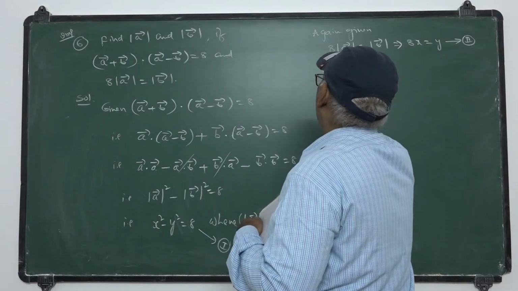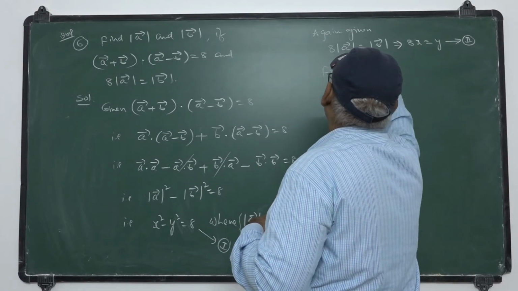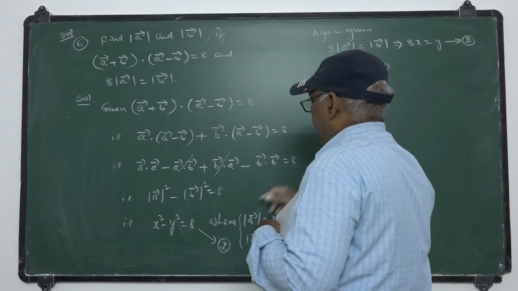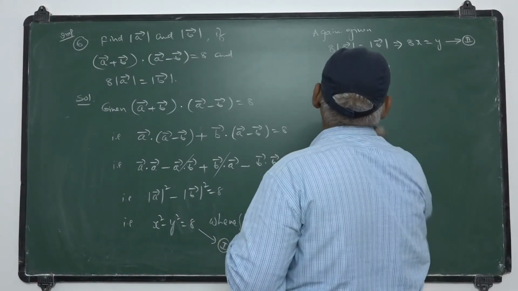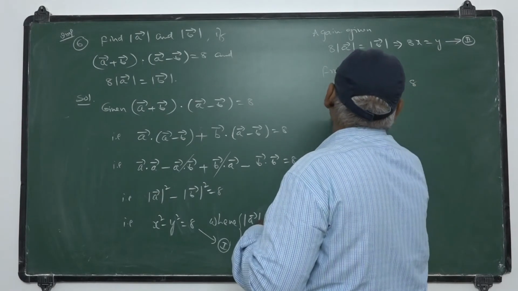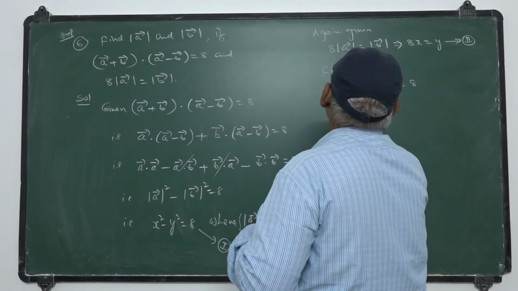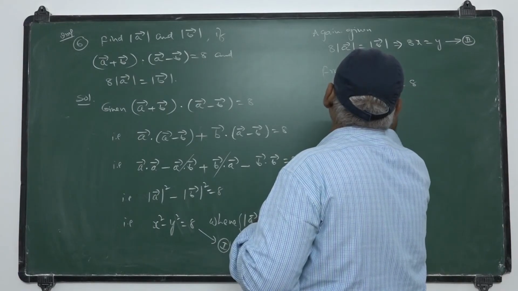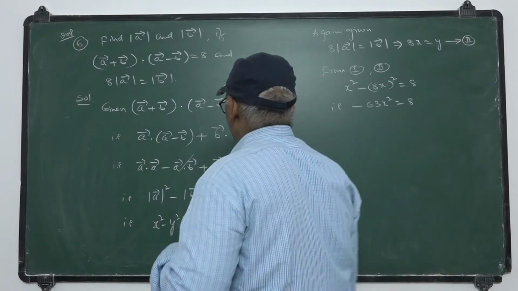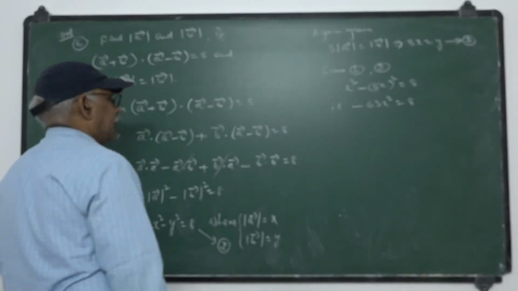Now from 1 and 2, eliminating y, which may be written as 8x here, so 8x whole square equal to 8. That gives us, this is minus 63x square is 8, 63x square.